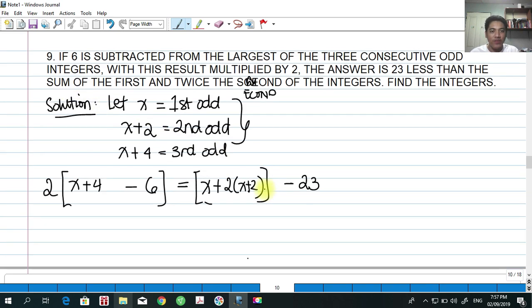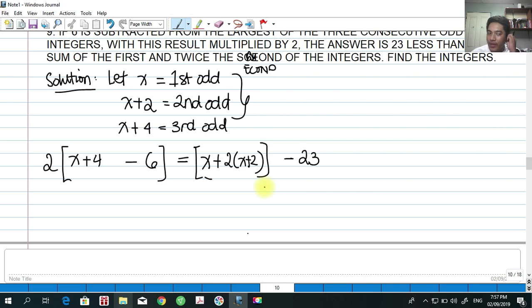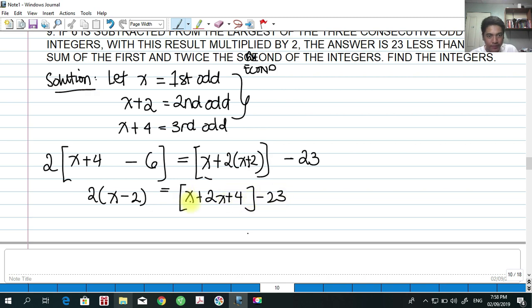So as you can see, if you have already set up the equation, then the algebra will do it for you. So we have x plus 4 minus 6. We can simplify this as x minus 2, which is now equal to x plus 2x plus 4 minus 23. So what will happen here?